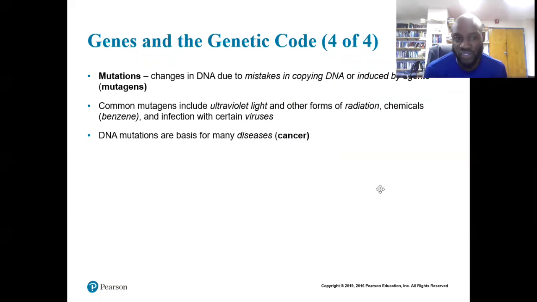But mutations, changes in DNA, first of all, that can happen, but are due to mistakes in copying DNA or induced by mutagens, which are agents that can change your DNA. Ultraviolet light, radiation, certain viruses.